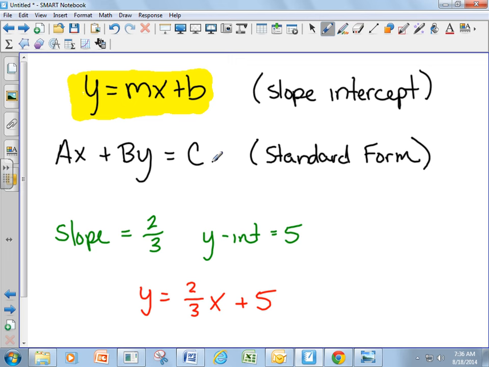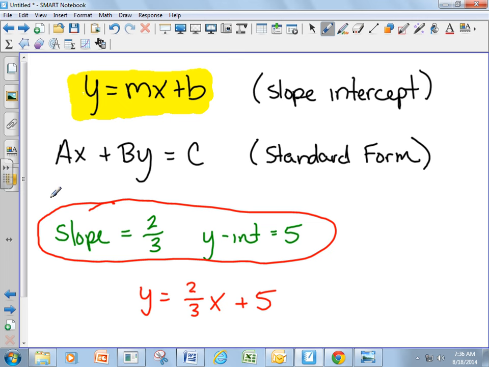So that means you can't get into standard form just by knowing given information. You have to start in another form and then manipulate your equation to look the way this looks and to be in standard form.